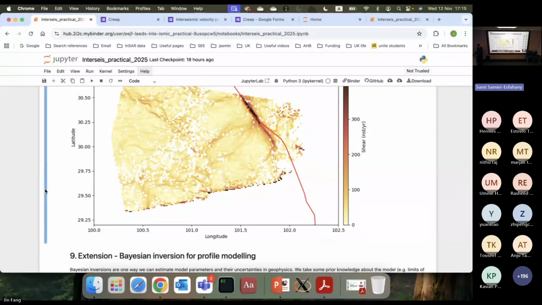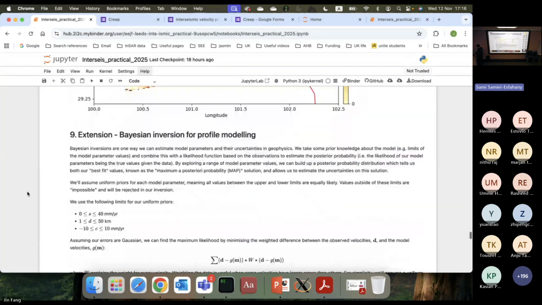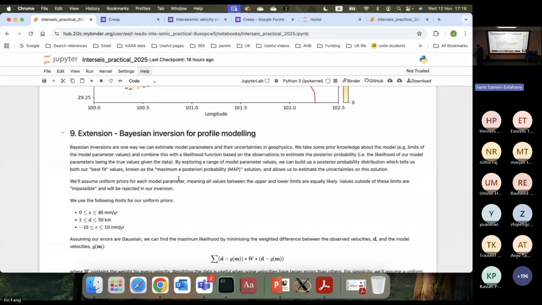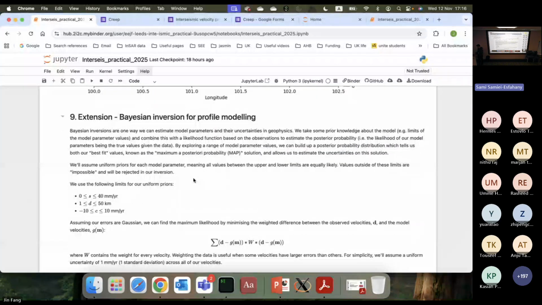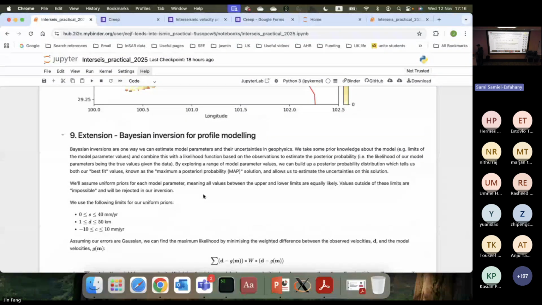Okay, so far we've done forward calculations to estimate slip rates and locking depths, which, as you've seen, involves quite a lot of manual tweaking, and we don't want to do it this way. Another way to approach this more systematically is through Bayesian inversion. In geophysics, we can estimate model parameters and their uncertainties from Bayesian inversion.